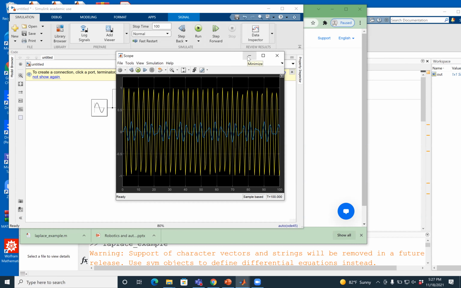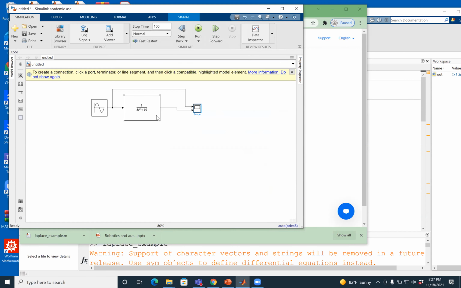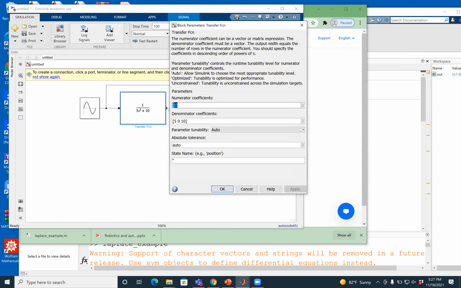And then if you continue, the point that I'm trying to say here is as the frequency is changing, the system response is changing. So if you look at this transfer function, the numerator is 1, and the denominator is 5 s squared plus 10.